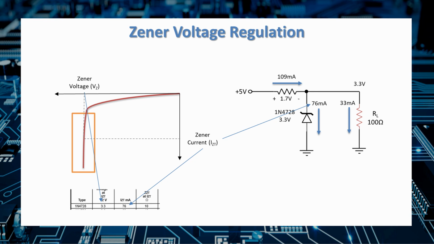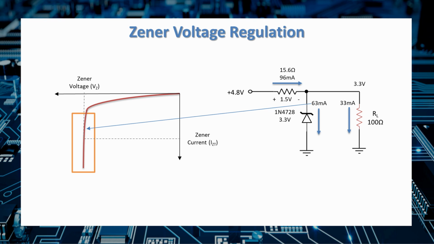If the supply is nominally 5 volts and the other end of the resistor, where the Zener diode is, is at 3.3 volts, then we end up with a 1.7 volt drop across that resistor. Applying Ohm's law, 1.7 volts divided by 109 milliamps is 15.6 ohms. Series resistor needs to be 15.6 ohms. We probably won't find a 15.6 ohm resistor, but we could easily put a 15 ohm resistor in there and it'd be just fine.